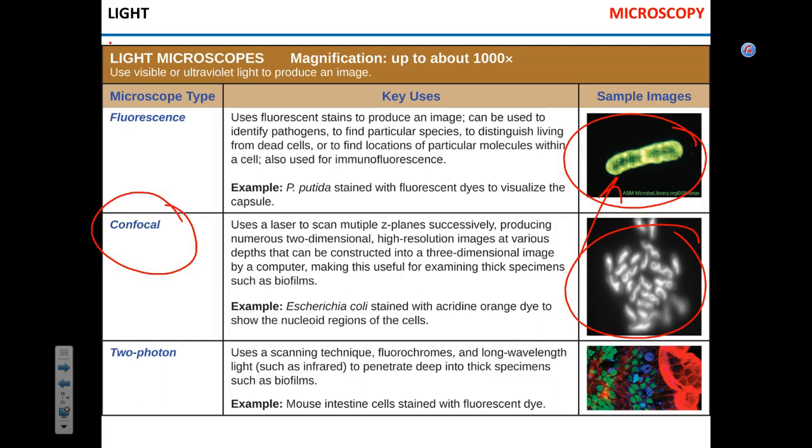Does that make sense? Confocal microscope does the same. It takes multiple slices in multiple planes at different angles and then combines those slices together to recreate a 3D image of the cell. This picture does not represent it at all.